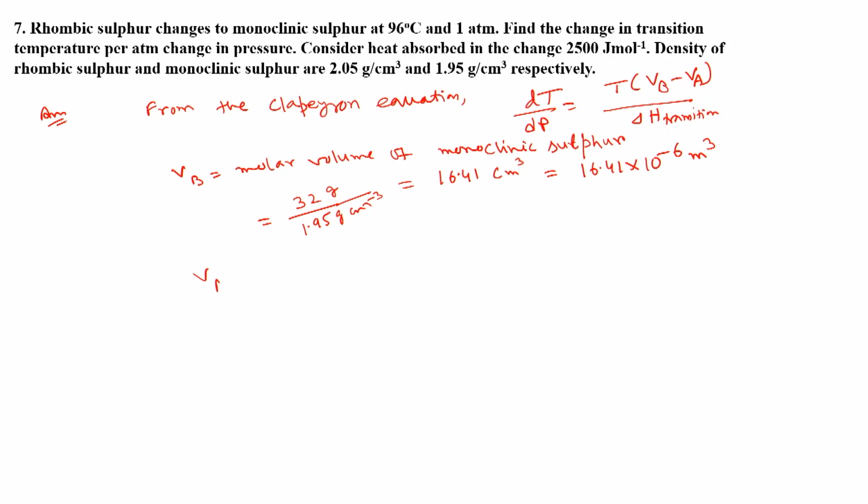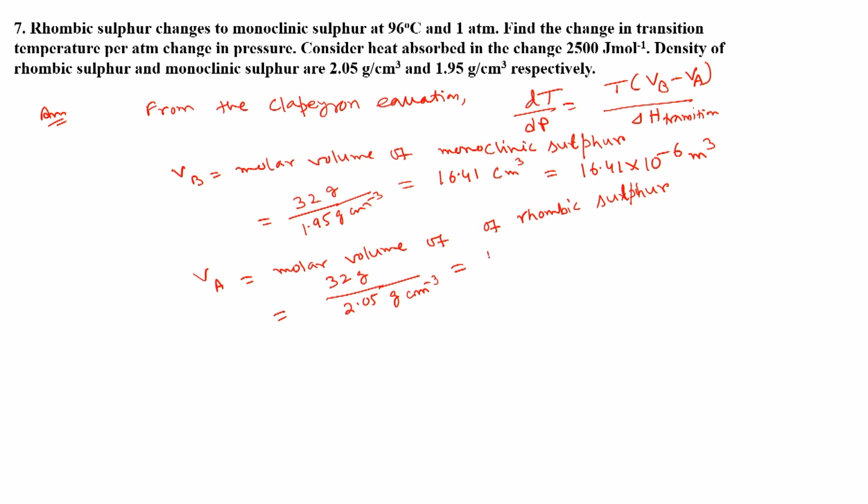Now, what is Va? Va is the molar volume of rhombic sulfur. The molar volume of rhombic sulfur is 32 gram by 2.05 gram per centimeter cube.